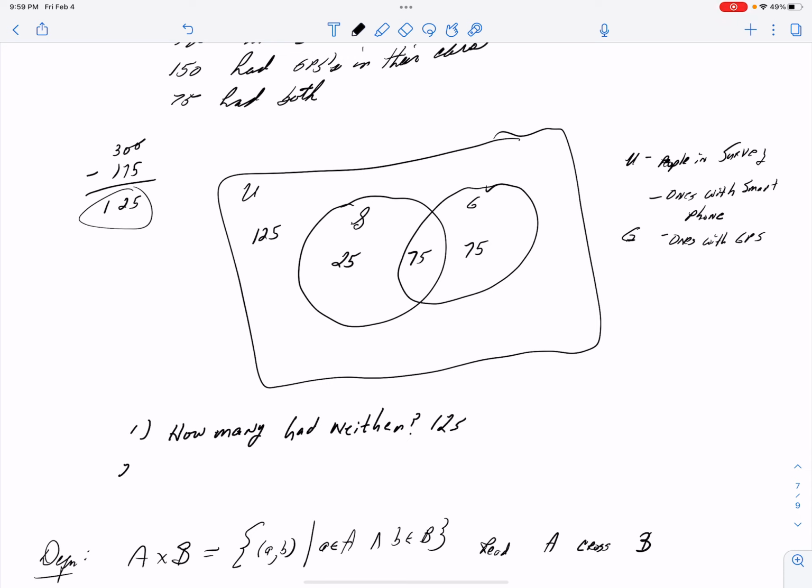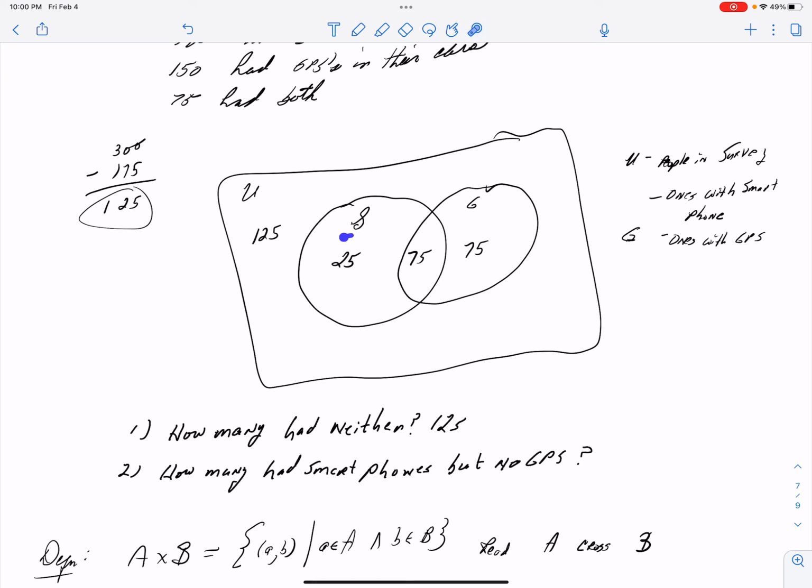Or I could ask, how many had smartphones but no GPS?